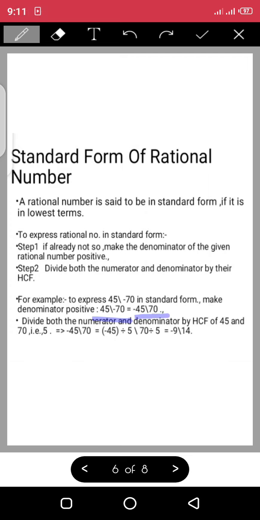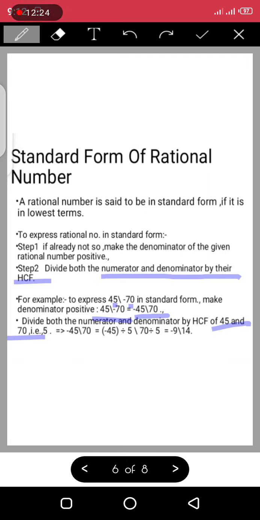Now the second step is to divide both the numerator and denominator by the HCF of 45 and 70, because it says to divide the numerator and denominator by their HCF. So the numerator and denominator are minus 45 and 70 after converting.